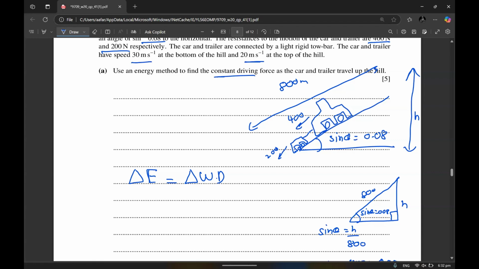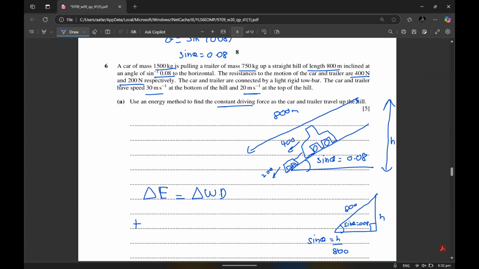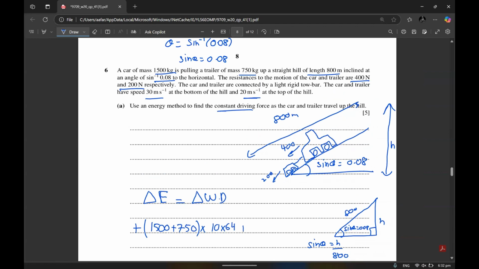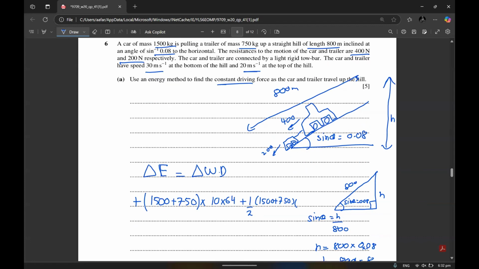The change in gravitational potential energy will be positive since it gains height. We are considering the whole system, so the total mass is 2550: mass of the whole system times 10 gravity times h, which is 64, plus the change in kinetic energy, half m times v squared minus u squared, where u squared is 20 squared minus 30 squared.